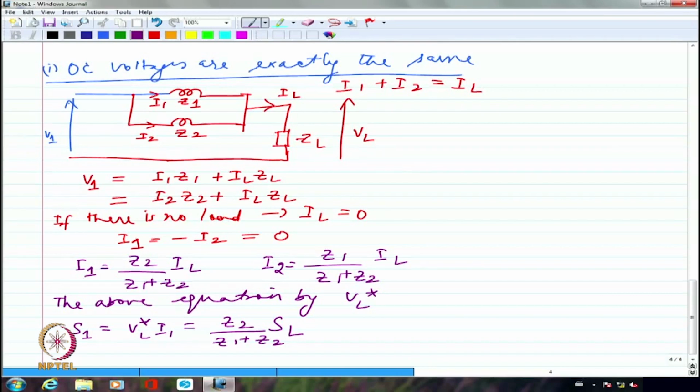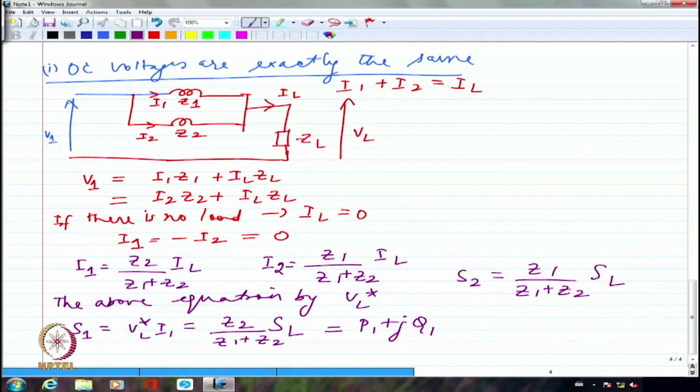I'm not getting it as just a volt ampere value without any phase angle. I'm getting a phase angle. That phase angle, I'm calling this P1 plus jQ1. Similarly, if I am looking at S2, I should write that as Z1 divided by Z1 plus Z2 multiplied by SL.